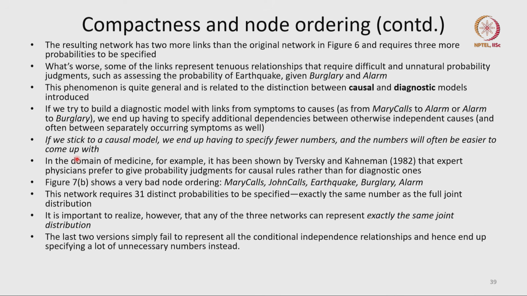If you order the nodes, like we said, starting with nodes which do not have any causes and then going down, you will find that the ordering leads to compactness, and that compactness will help you be able to do things much faster.